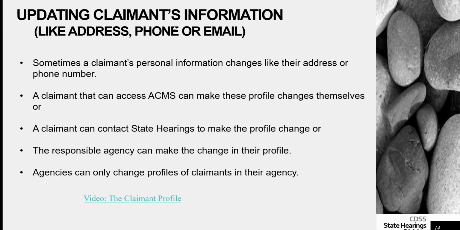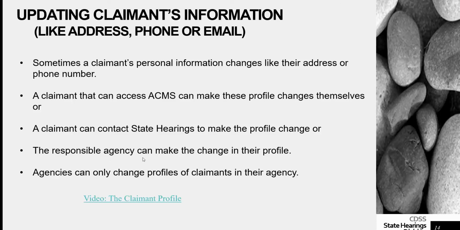If you need to update a claimant's information in ACMS, like an address or phone number, email address, you can do that. Of course, the claimant can go in there if they have an ACMS account and make these changes themselves. Or the claimant can contact us here at State Hearings.